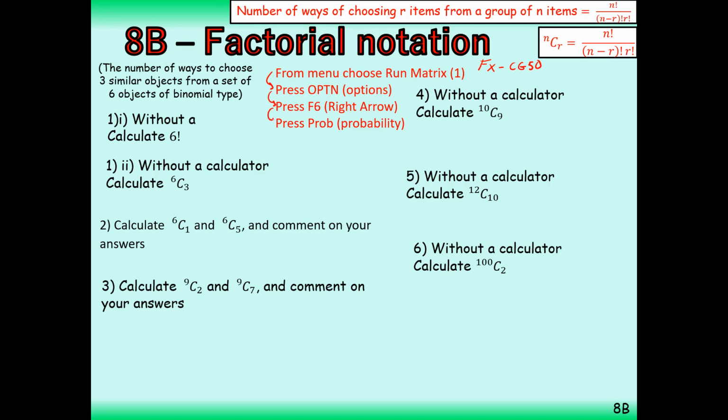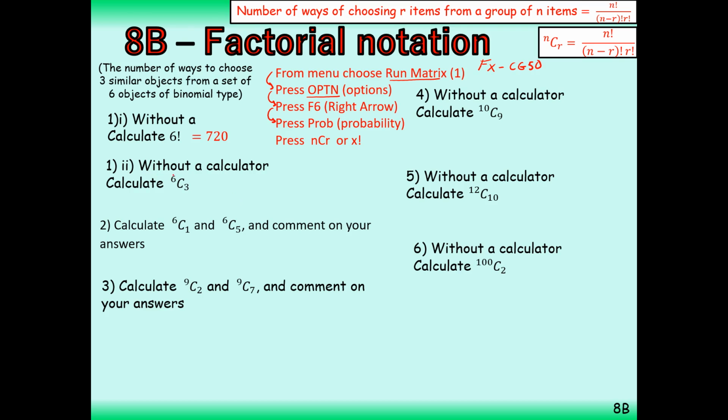If you don't have that calculator, don't look for this option. You probably won't get the right answer. If you don't have a menu called Run-Matrix, don't worry about it. Once you've written 6 times 5 times 4 times 3 times 2, this is the answer here.